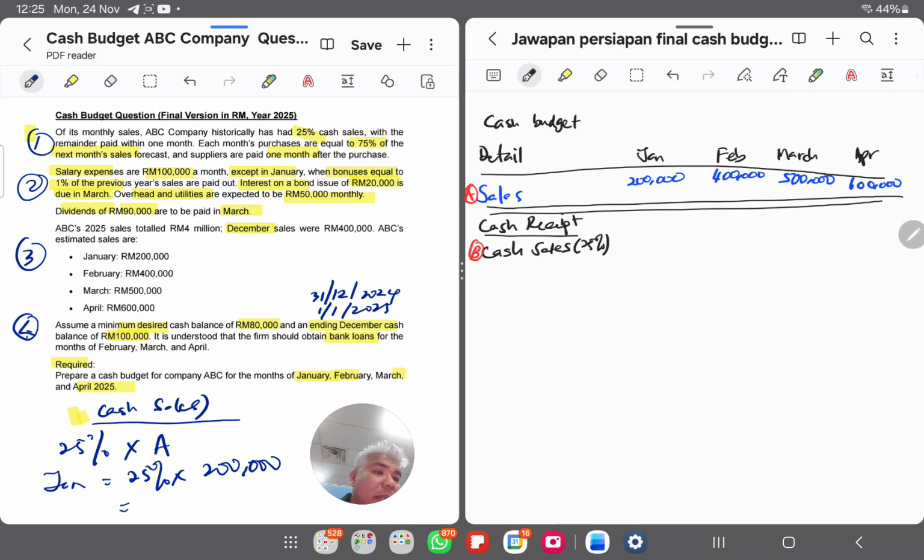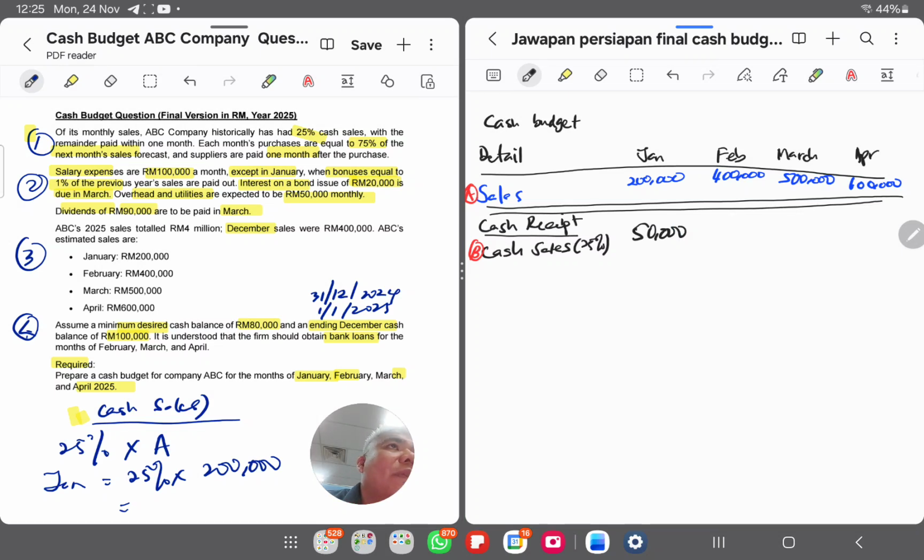Then use your calculator: 25% times 200,000. We'll get 50,000. The same applies for February, March and April.